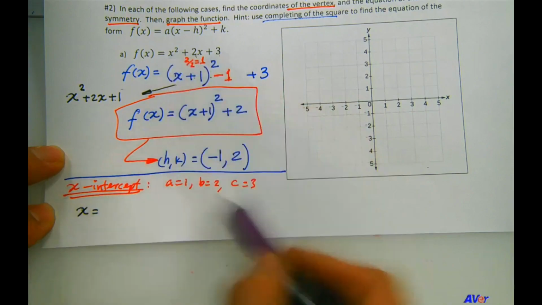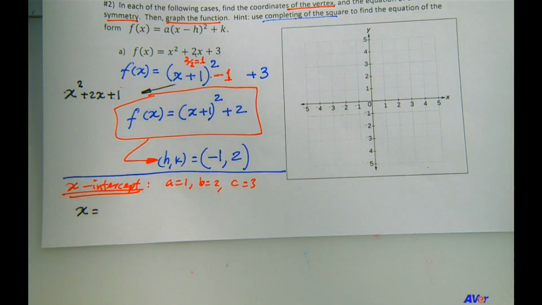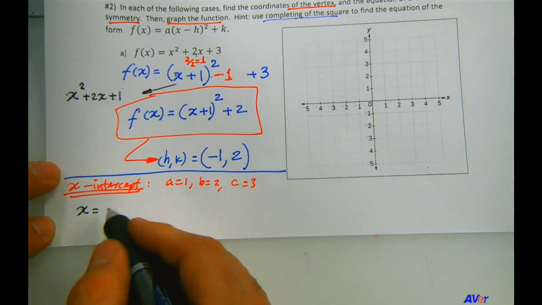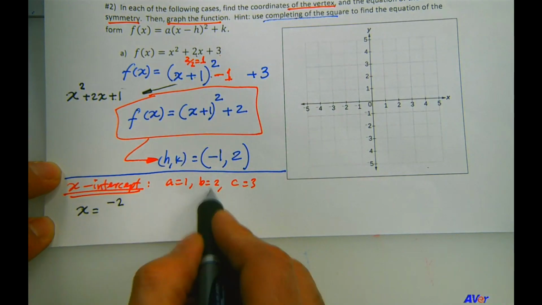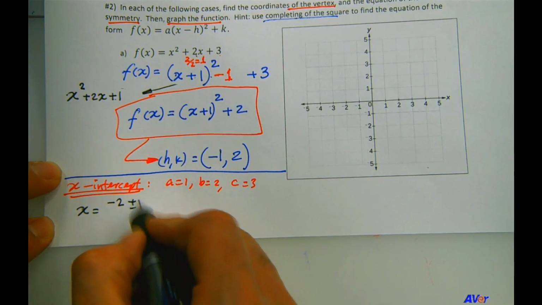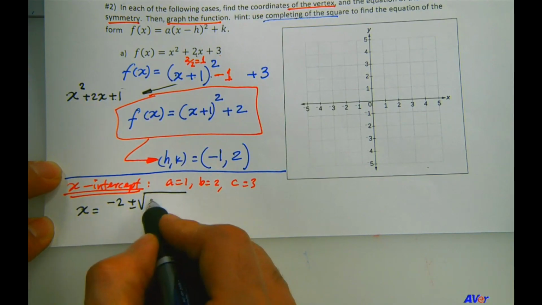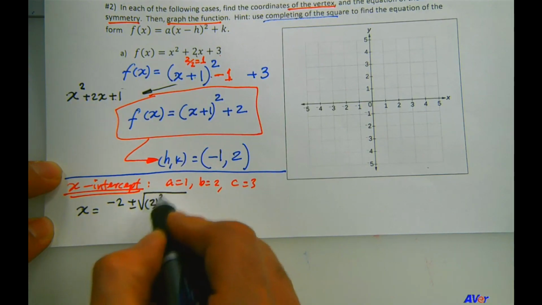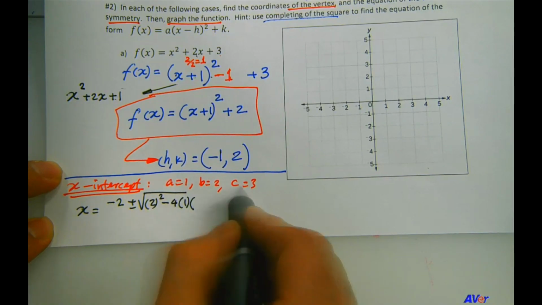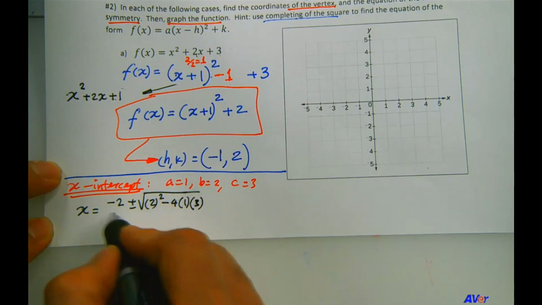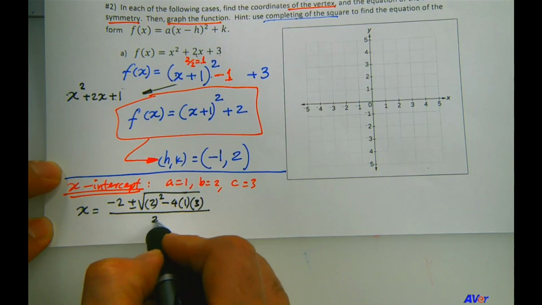These are the terms for the quadratic formula. So x equals minus b, so -2, plus or minus the square root of b squared, which is 2 squared, minus 4 times a times c, all of that over 2.